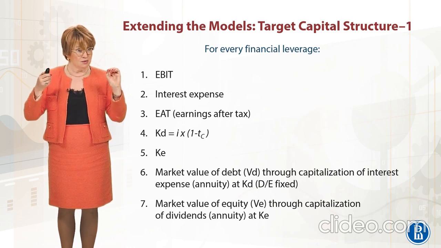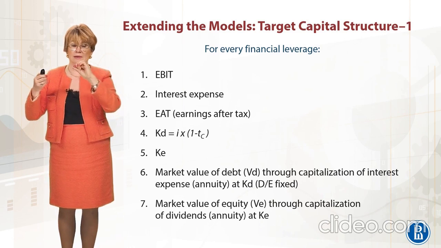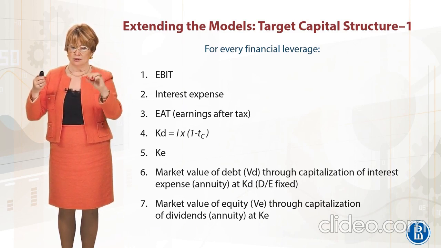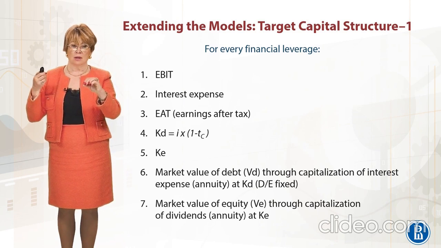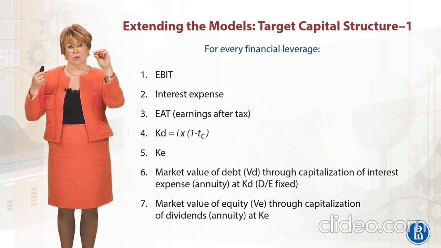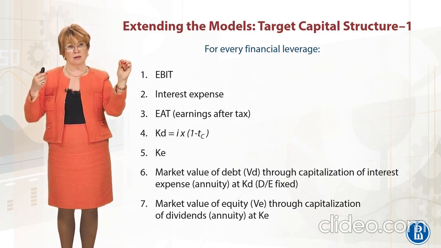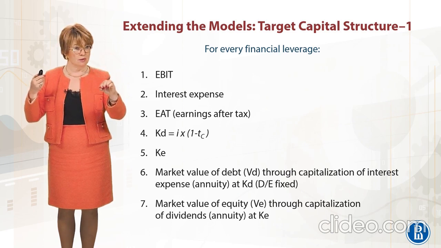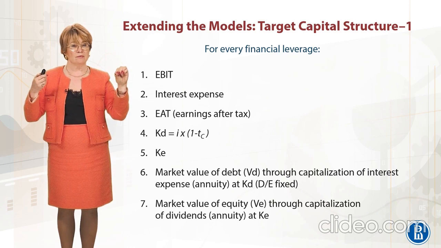We are again assuming that 100% of all earnings are distributed in dividends, and the dividend stream becomes an annuity cash flow, and we need to capitalize, or divide, the dividends, which are now permanent, they are fixed, they are an annuity, by the cost of equity that we found at step number 5.